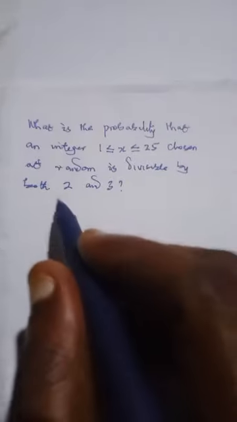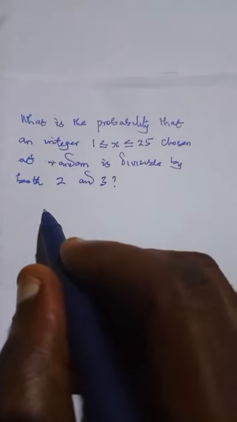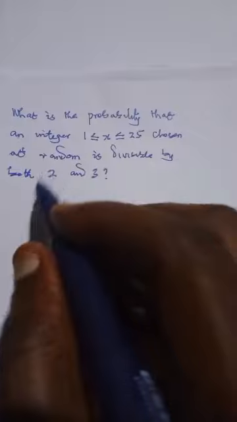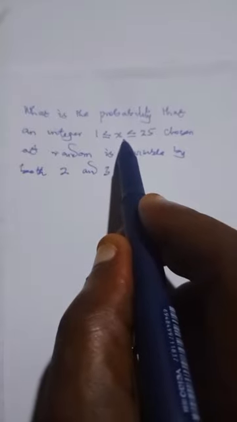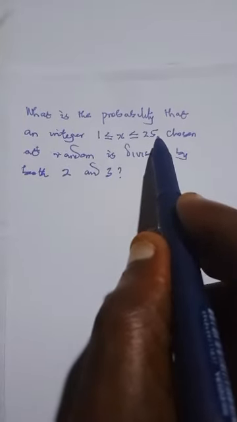So, when confronted with this kind of question, what you're going to do is this. First of all, you have to understand this: 1 is less than or equal to x, and x is less than or equal to 25.